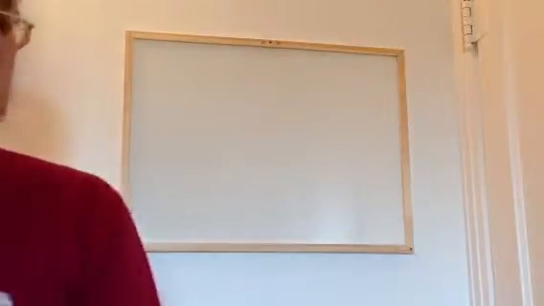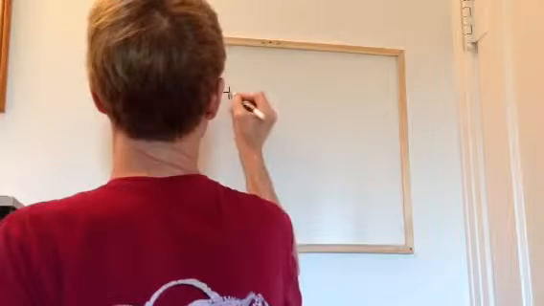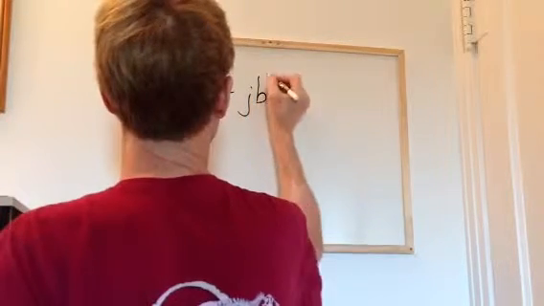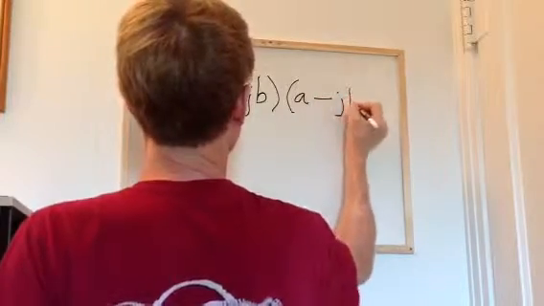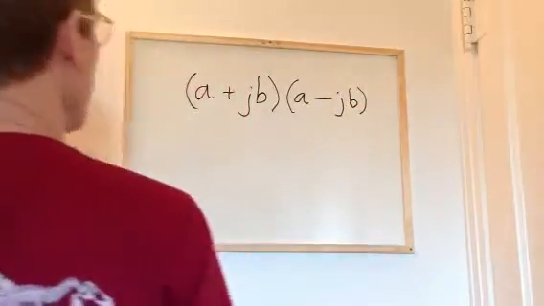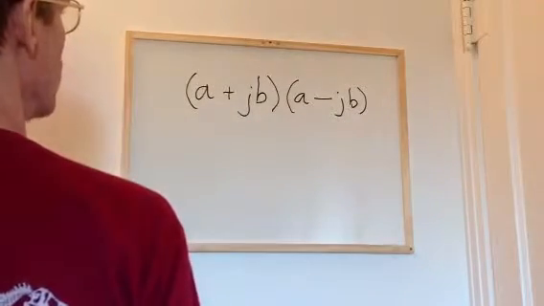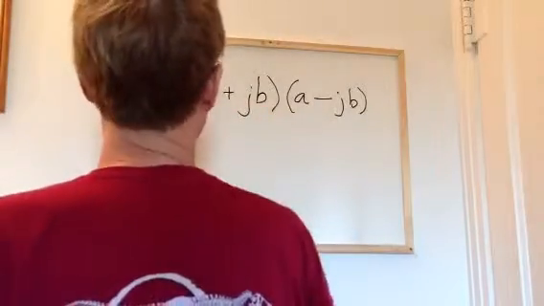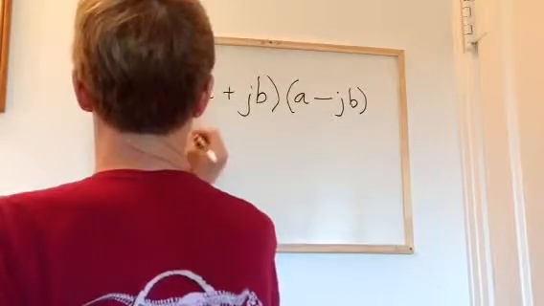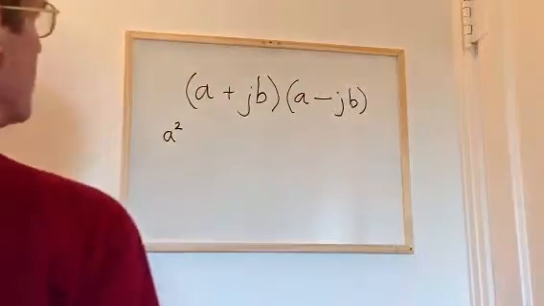Now let's see what happens when we multiply. Remember, when we multiply complex numbers, we're actually multiplying binomials by each other. The first term in the resulting polynomial is A squared.